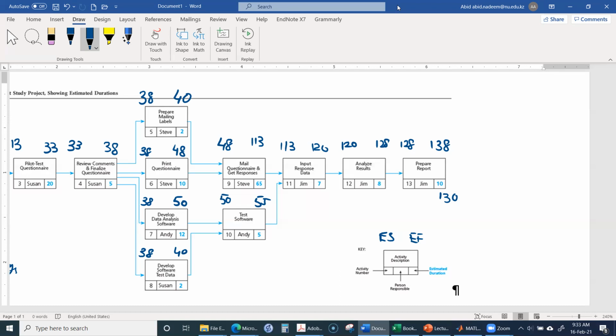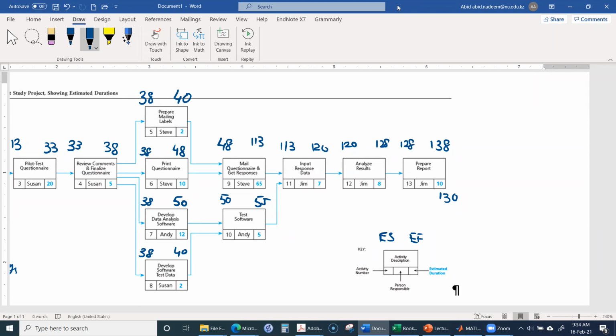Okay, so I'm considering that situation. In normal situations, yes, we will start from 138 days. But in this case, the customer wants to complete it in 130 days, so we will start it like that. So 130 is the latest finish date.